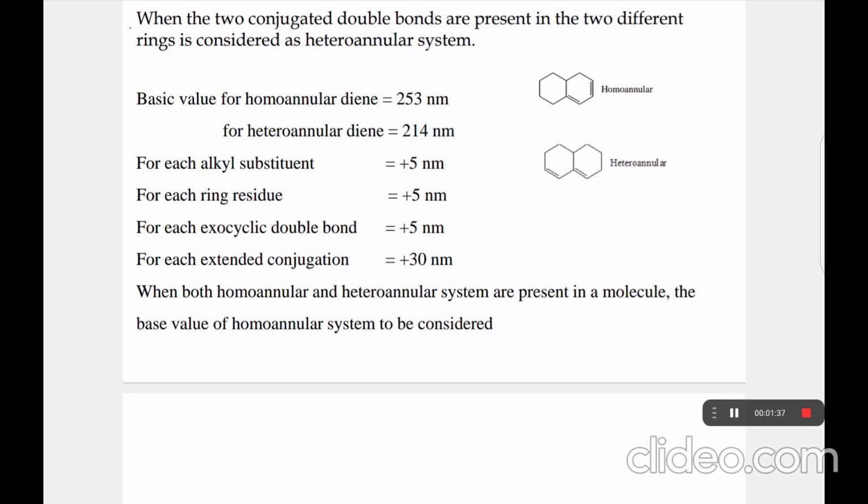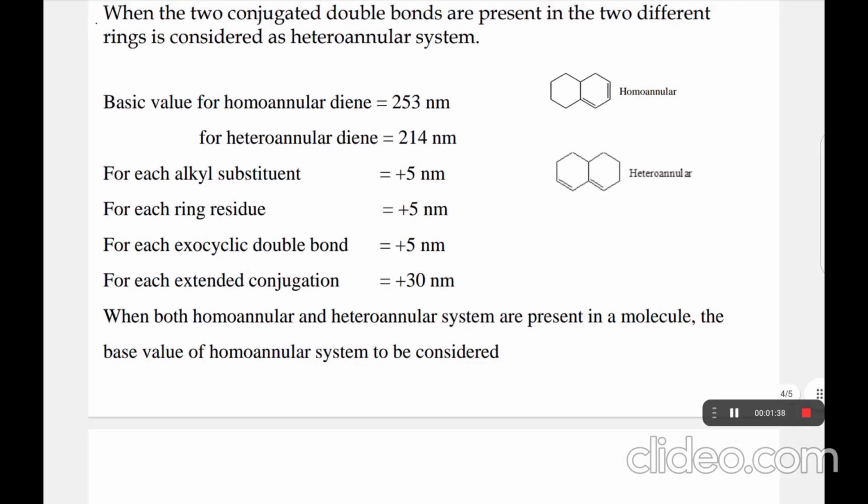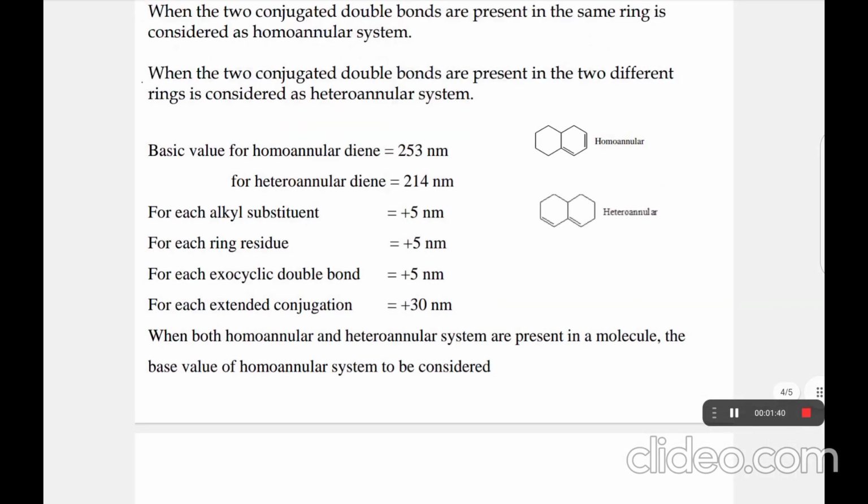For extended conjugation, if any extra conjugation is there apart from the homoannular and heteroannular, meaning a further double bond is present at the conjugation position, after a single bond and next double bond, we consider it as one extended conjugation. For one extended conjugation, we have to add 30 nanometer.